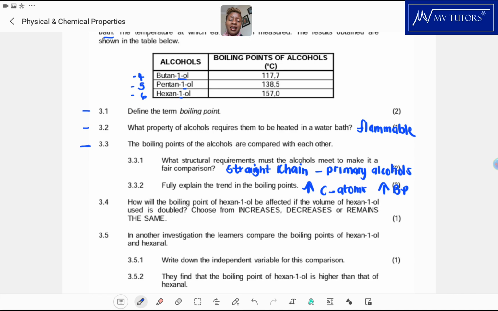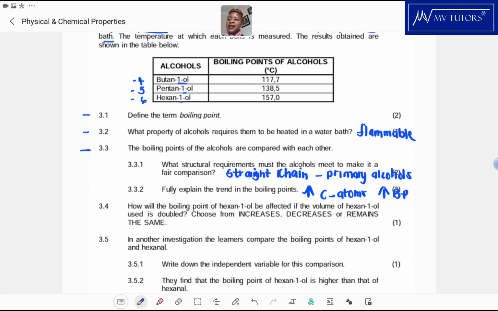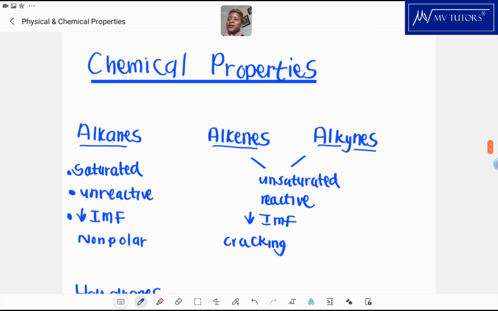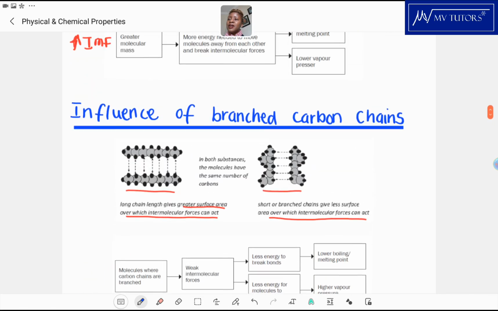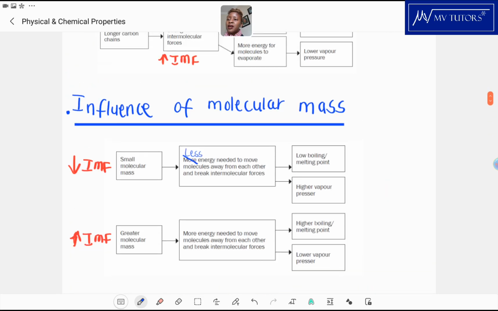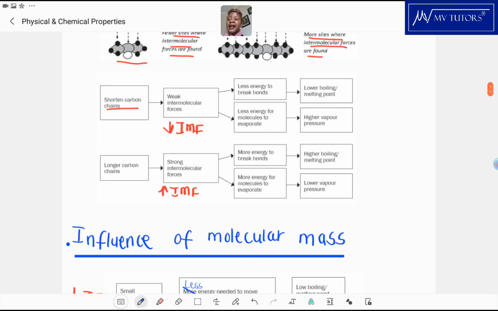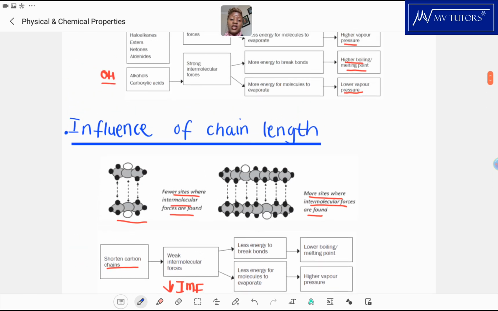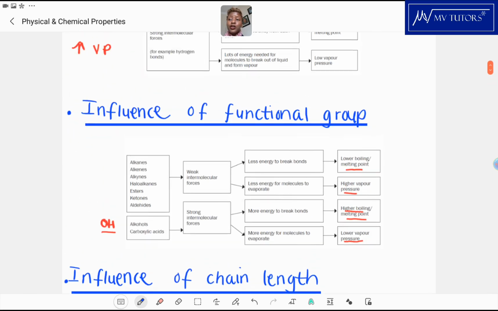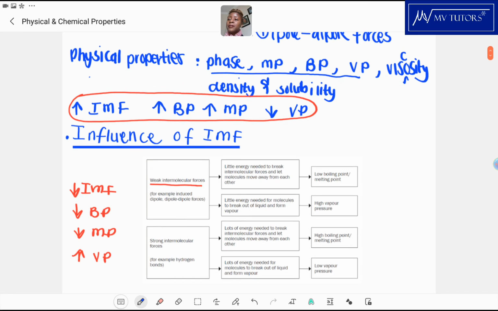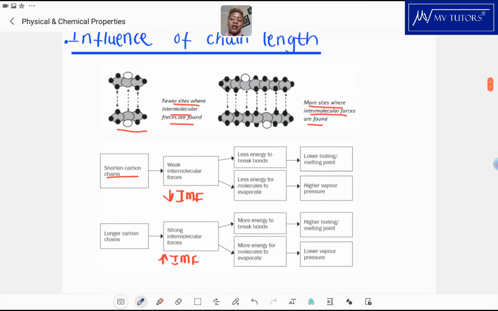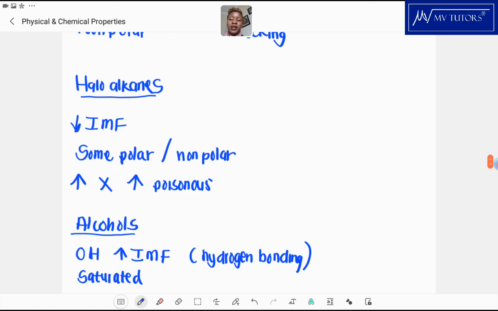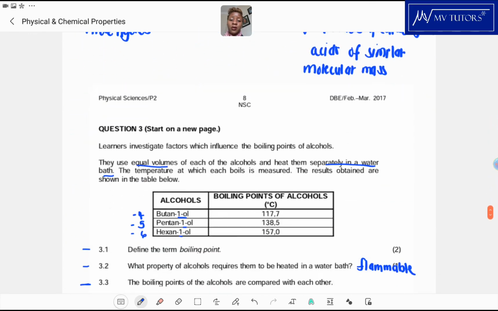The length, yeah, we did speak about the chain length. Let me go back. I don't have to cram it. Okay, so the branched carbon atoms, molecular mass, chain length, the functional group, yeah, the intermolecular force. So that is what would affect the physical properties.